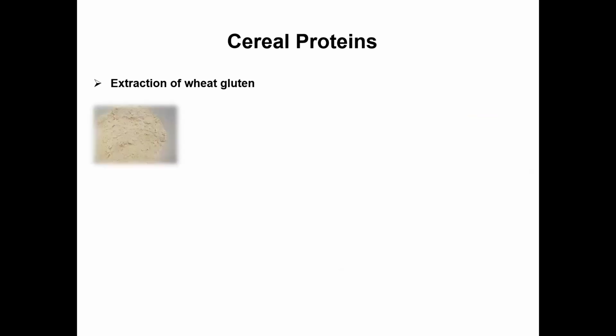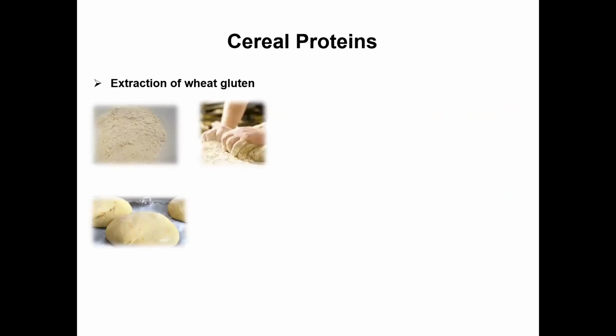Okay, so typical extraction of gluten, you make the dough. Once the dough is formed and rested, you wash the starch out and you get the gluten. I've done that. This is how I got my gluten out. I defatted the flour, put the fat aside.